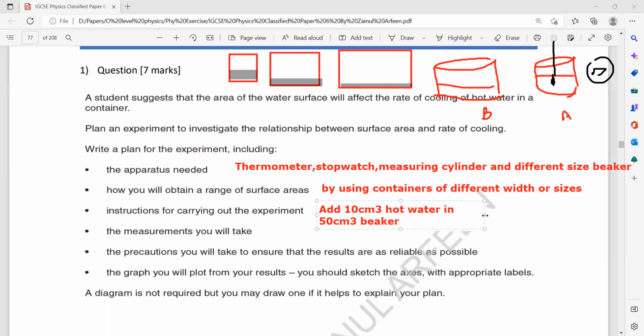So we add 10 cm cube of hot water in a 50 cm cube beaker. The maximum capacity is 50, but we have only added 10 cm cube of hot water.